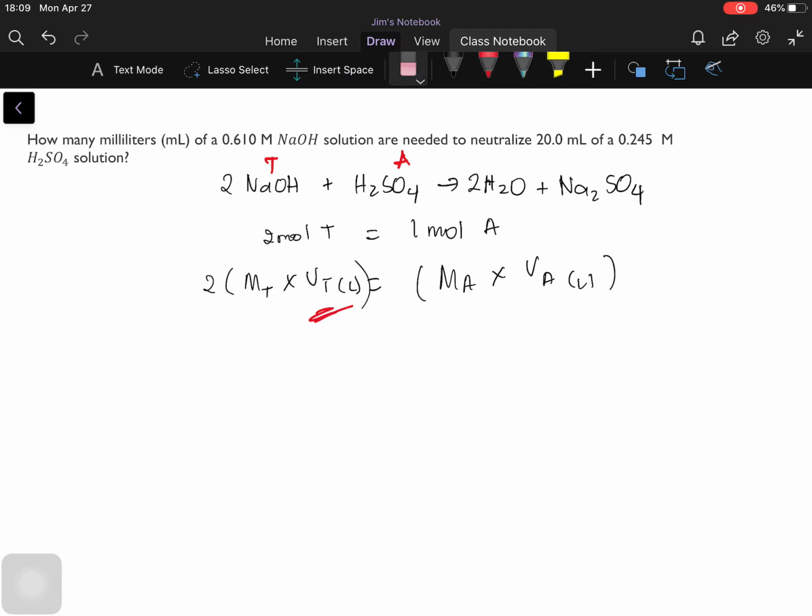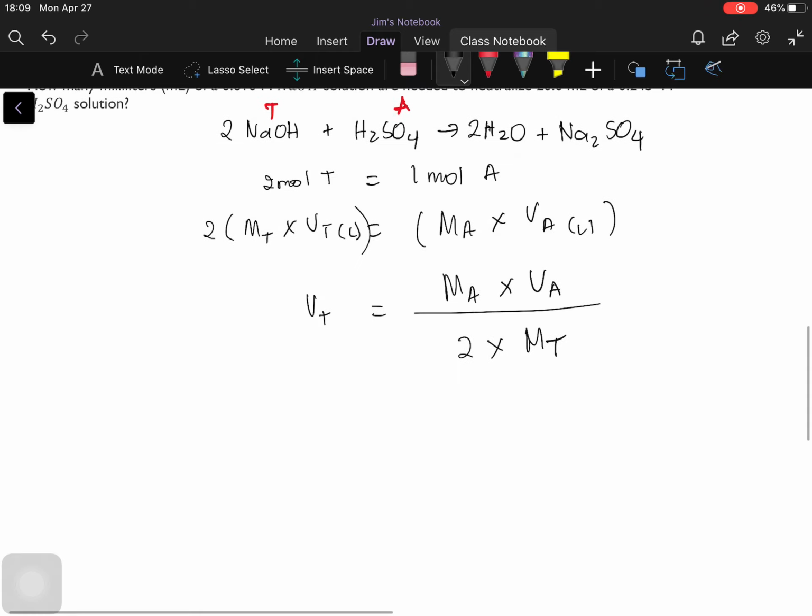So we're going to rearrange this equation. We will get volume of titrant equal to molarity of analyte times the volume of analyte divided by 2 times the molarity of your titrant.